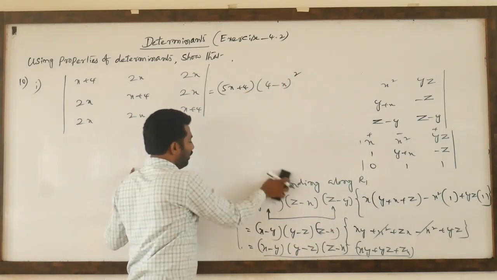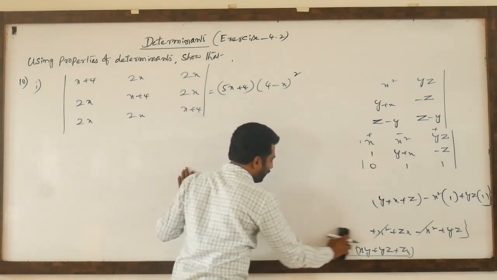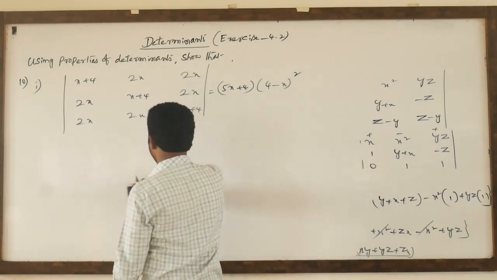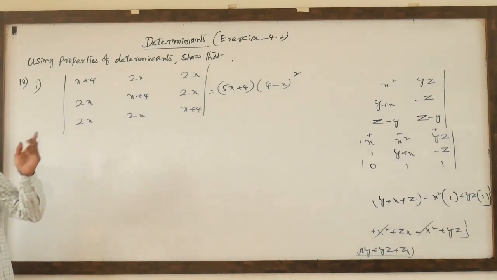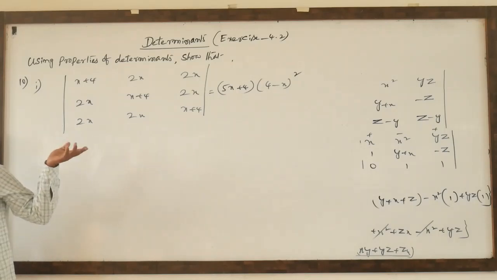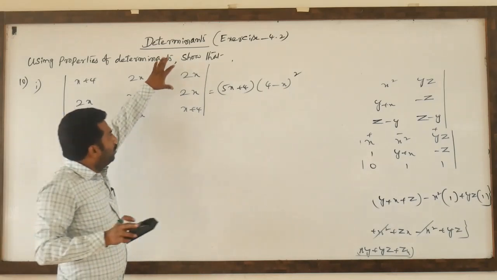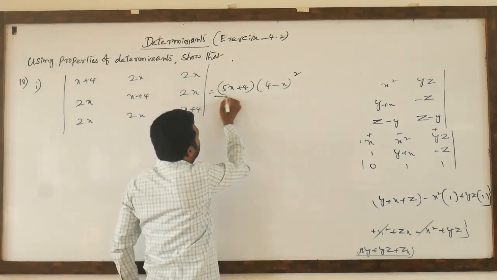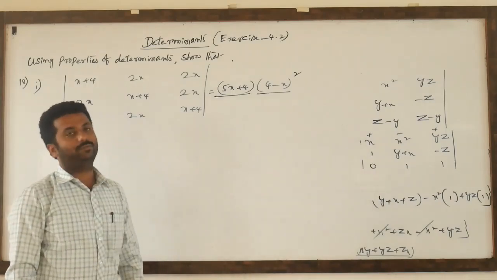Okay. So right side terms you observe, automatically you will get ideas. So I will solve only this problem. Remaining 10th second one you have to answer, 11th first and second both you have to answer. So be careful. So this is 5x plus 4 or 4 minus x. Where we will get such type of terms?